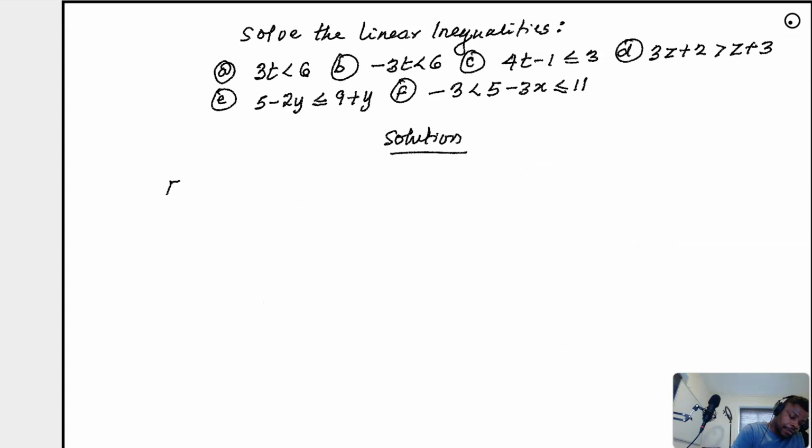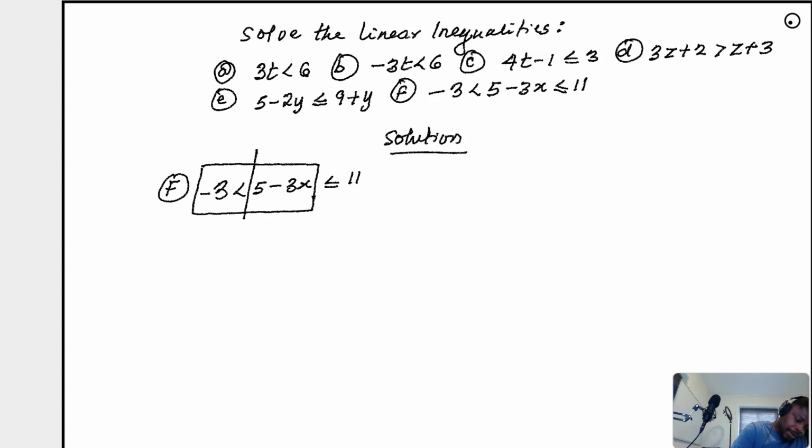Now question F. This is different from the rest. Minus 3 less than 5 minus 3x less or equals to 11. Whenever you have a question where you have more than one inequality and you're asked to solve, what it means is that you pick the first left and right, and you pick the second left and right.